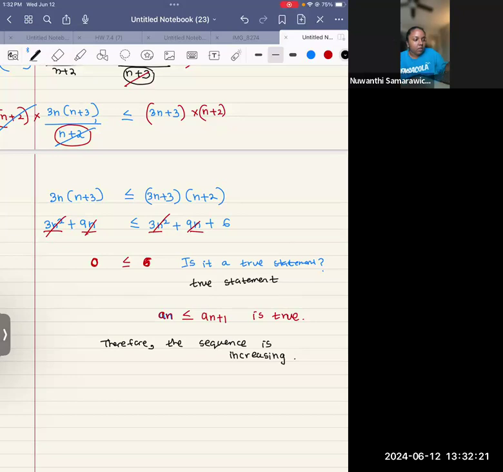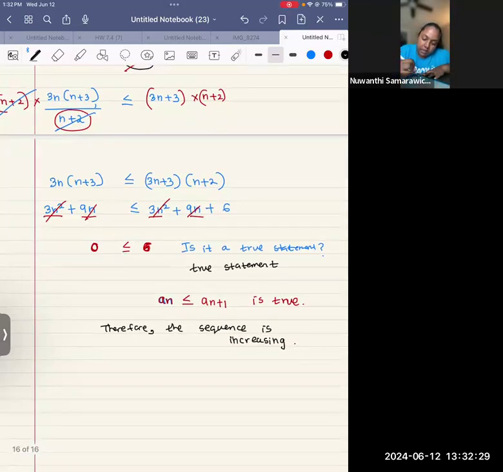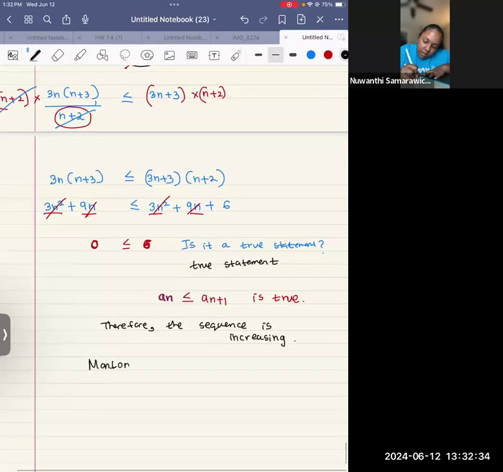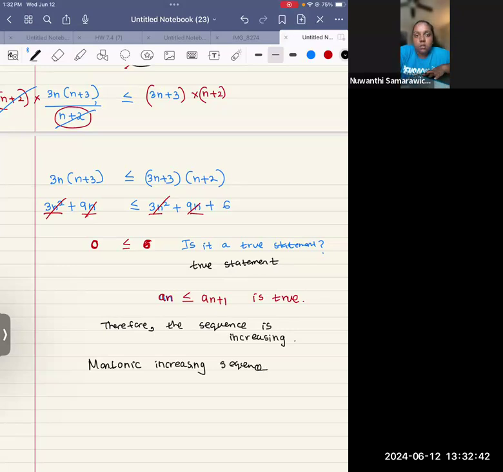Okay. So we can say this is increasing. So this is a monotonic increasing sequence.